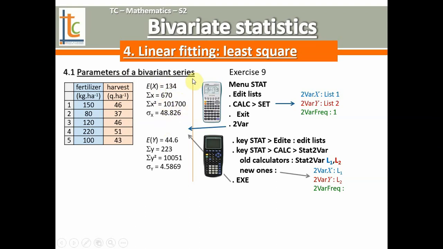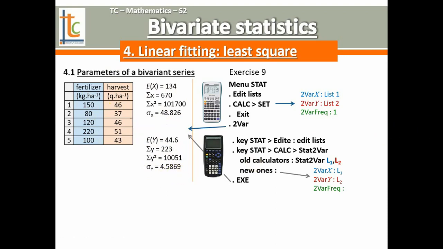So you can say that the average amount of fertilizer here is 134 kilograms per hectare, with a standard deviation of 48.8 kilograms per hectare. For the harvested production, you've got 44.6 as an average and 4.58 or 59 for a standard deviation, and so on.